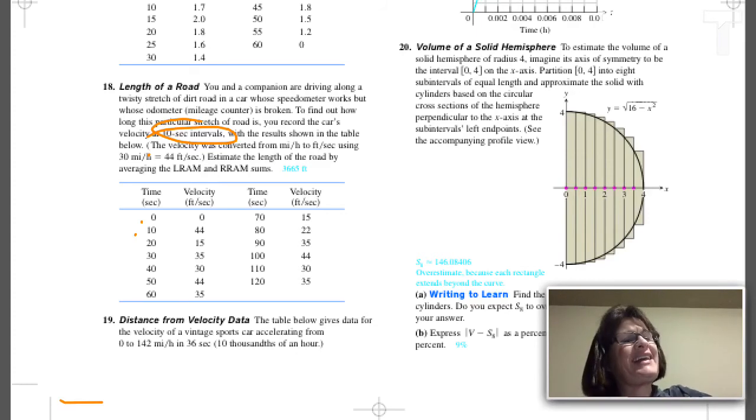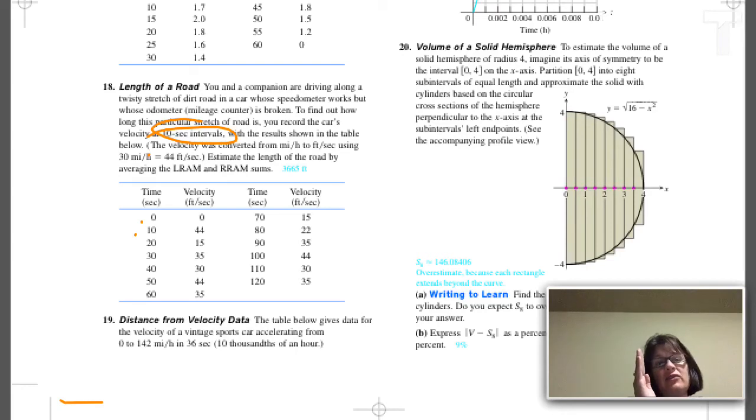So I'm going to start by finding LRAM. That means I'm going to use the left-hand side of the interval, 0 to 10, and use the function value at the left-hand part of that. So when time is 0, that's the left-hand part of the interval, I want to know what the velocity value is. And we can see here, when time is 0, my velocity is 0.